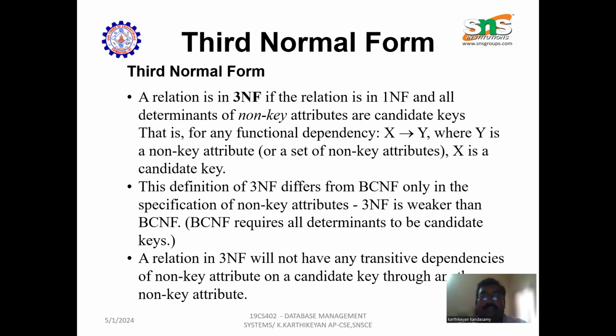This is the most important process. The definition of 3NF differs from BCNF only in the specification of non-key attributes. So 3NF is weaker than BCNF. A relation in 3NF will not have any transitive dependency of a non-key attribute on a candidate key through another non-key attribute.